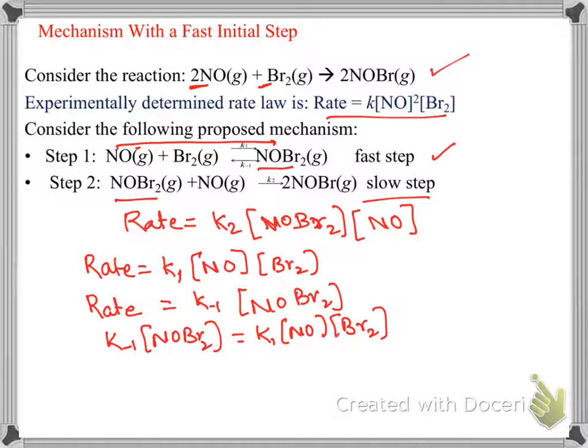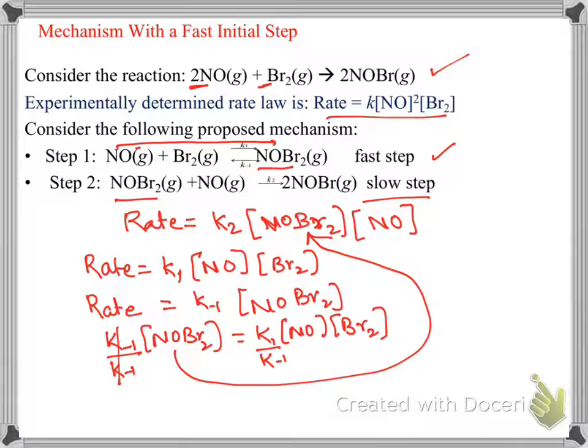So I can find the value of [NOBr2]. Let's divide by this rate constant, get rid of this, and this is my [NOBr2] value. I will plug this [NOBr2] value here. This was from the rate of the slow step. So what will the rate become?